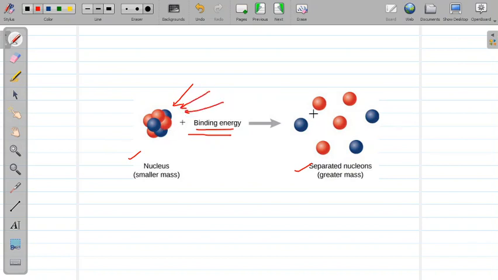Then we can separate the nucleus into its component nucleons. And the nucleons will have a greater mass than the nucleus. That difference in mass is called mass defect, delta M, and the corresponding energy is the binding energy. Delta M into C square will give you the binding energy.